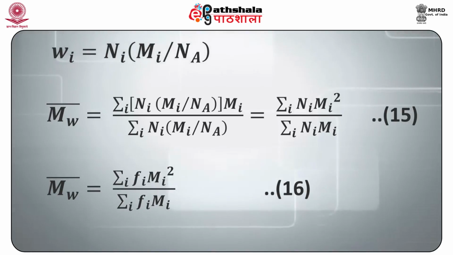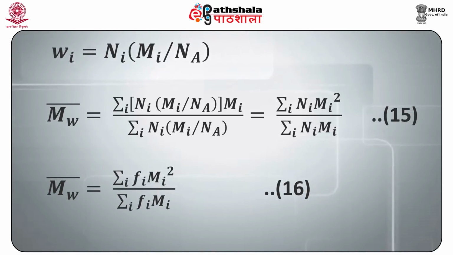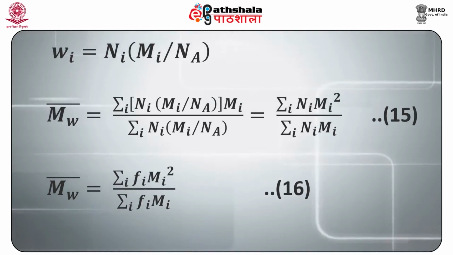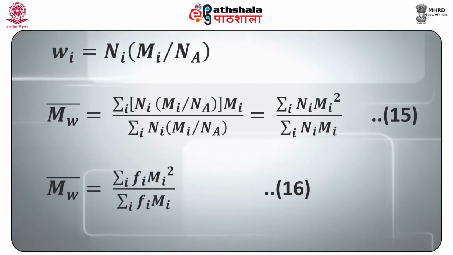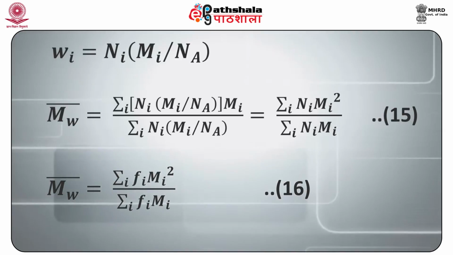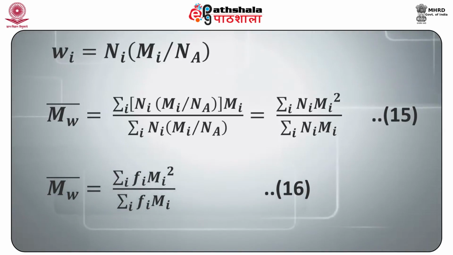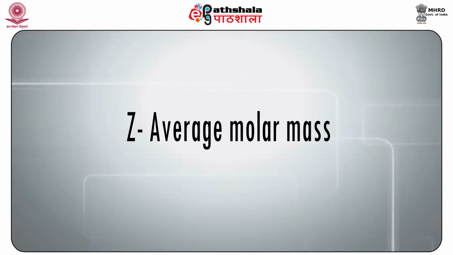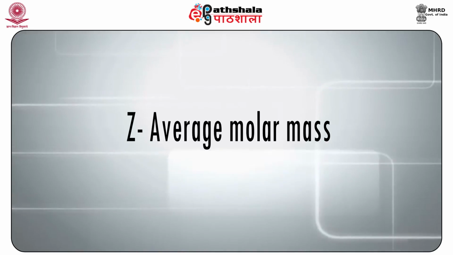In terms of fraction of molecules, that is Fi, mass average molar mass is written as Mw bar equals summation Fi Mi square by summation Fi Mi as equation 16. The Mw can be determined by various techniques like X-ray scattering, sedimentation velocity, static light scattering, and small angle neutron scattering. Now we shall look at the Z average molar mass.